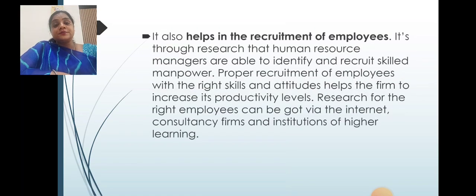It also helps in identifying, retaining, and selecting better employees for your organization, because when you know very well what you actually want for your business, what kind of skills are required, what kind of products you are going to offer, and what kind of people are required in the organization to help manufacture or design that product better for the consumers.